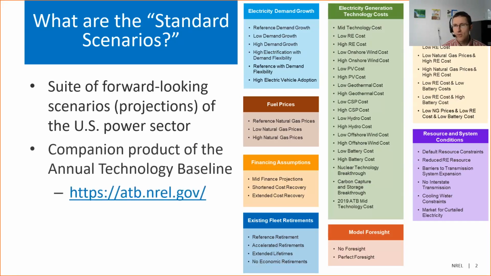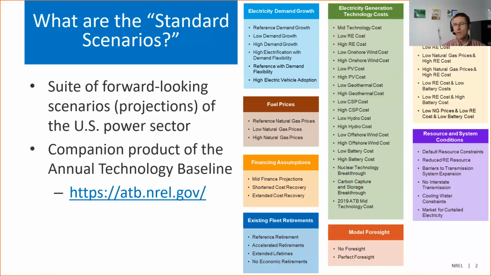An important piece is that the standard scenarios is a companion product of the Annual Technology Baseline, or the ATB. The ATB is a set of cost and performance assumptions that are projected out through 2050. The green box here in the middle is the biggest one: a whole bunch of technology cost and performance scenarios, and those all come from the ATB.